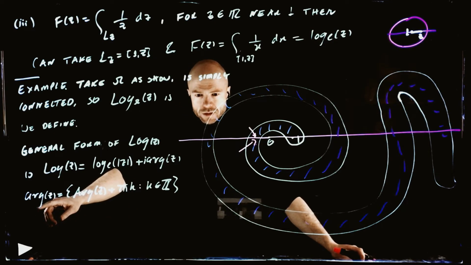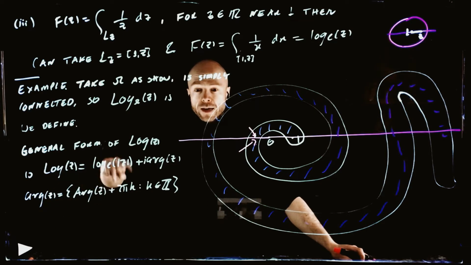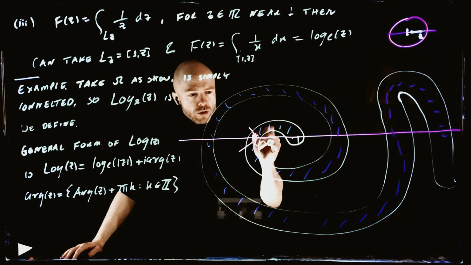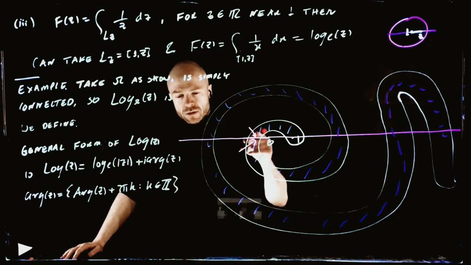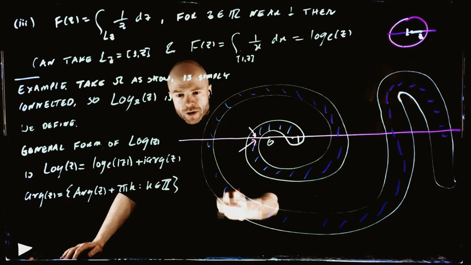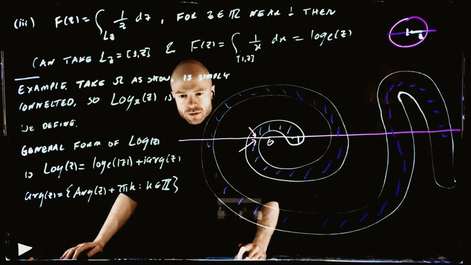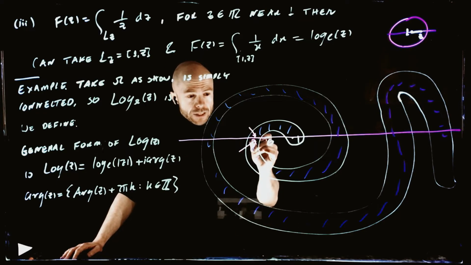But the only way that's possible, and for it to remain continuous, is that as we move from here down a little bit, then we just increase the angle by a little bit. Cool. All right. So that's what happens there.